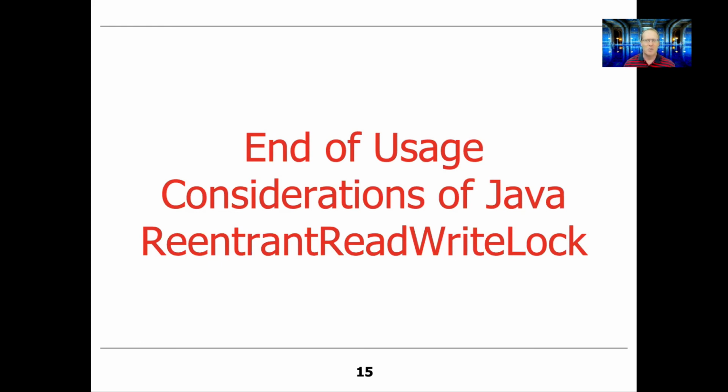I guess another case you might want to use it is if you need reentrancy along with readers-writer semantics, because the ReentrantReadWriteLock is reentrant, as the name implies. But other than that, I would either stick with the classic synchronizers like reentrant lock or the various synchronized methods and statements you get with built-in monitor objects, or, as we'll talk about next, I would go and use StampedLock.